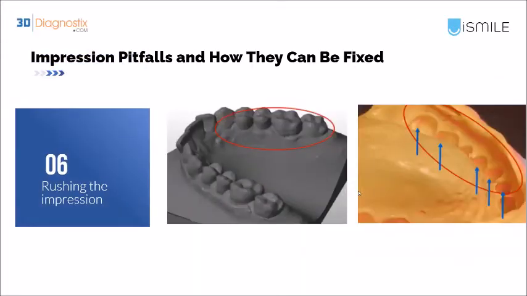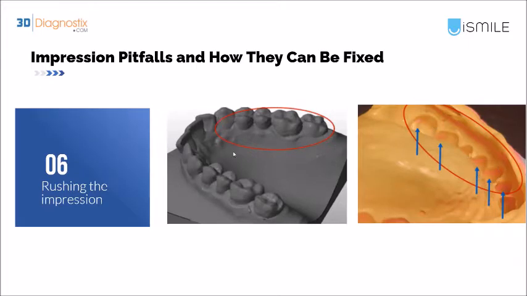Number 6, we have rushing of the impression or failing to keep the patient still. That will lead to what we call a double impression. As you can see in this impression, the teeth are doubled in most of the areas.